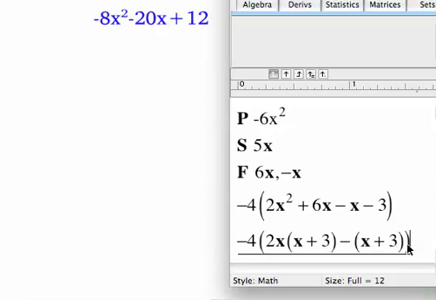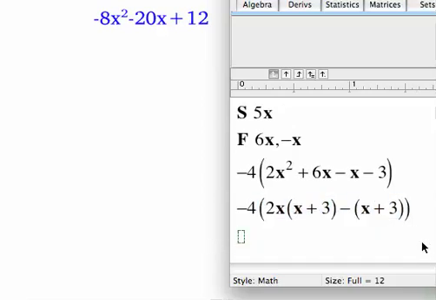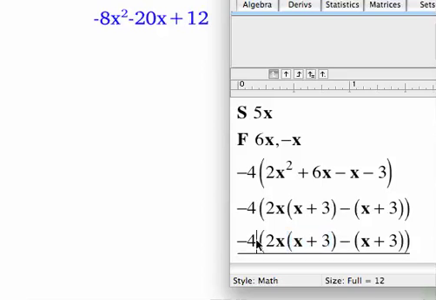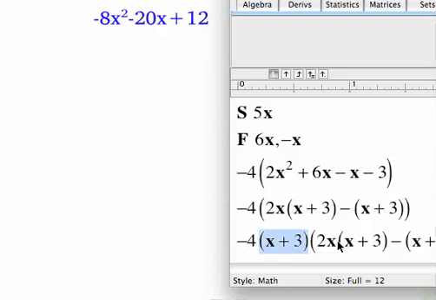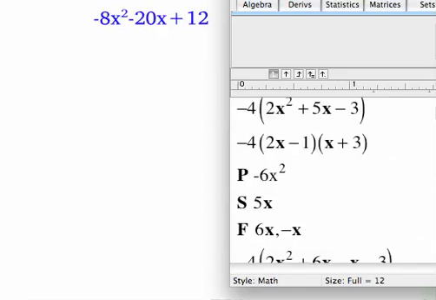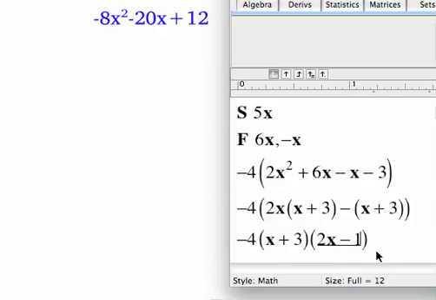Now the x plus 3 is common, so I'm going to factor that out, and if I remove the x plus 3 in each case, I'm left with 2x minus 1. Notice that's the same answer: 2x minus 1, x plus 3, and down here I have x plus 3, 2x minus 1. It's really just the same answer, just commuted a little bit.